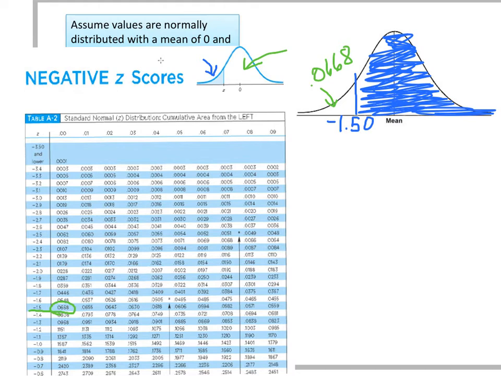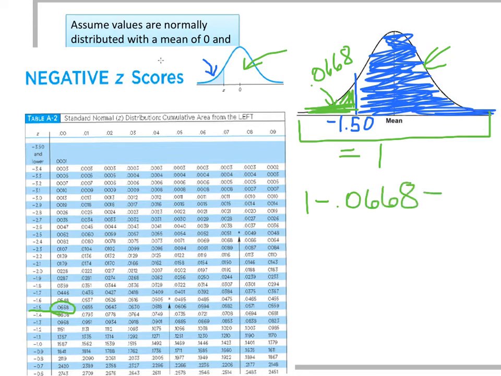Well, I know the entire distribution is 100%, or 1, since I'm working in decimal form. So if I know up to this point is 0.0668, and I know that the whole thing equals 1, then I can find the unknown portion by subtracting what I know from 1. So I say 1 minus 0.0668 to get the unknown portion.